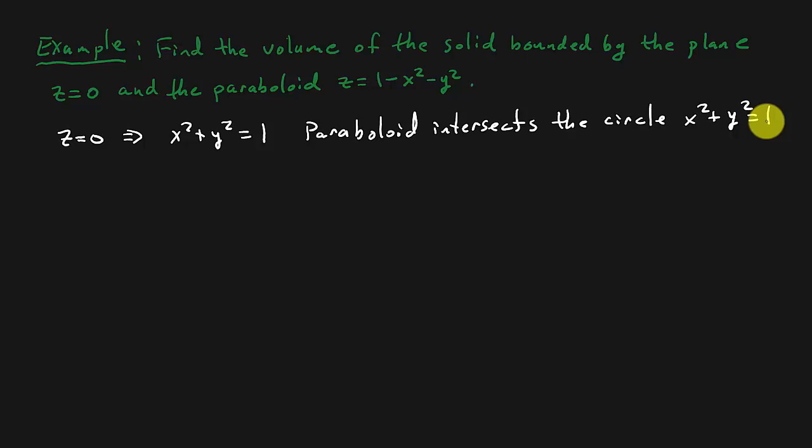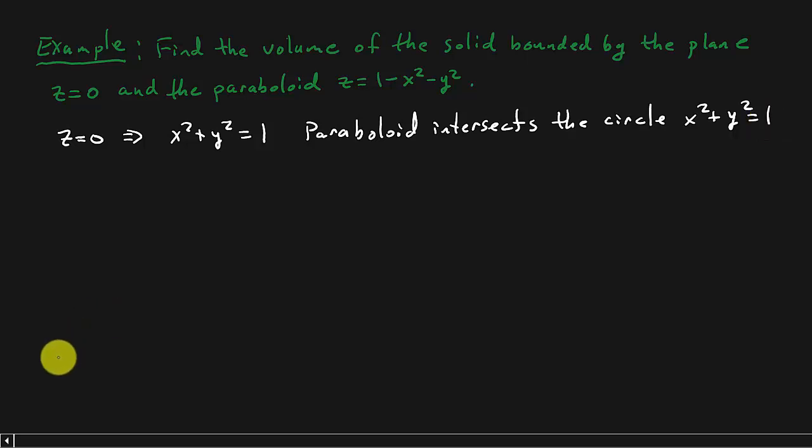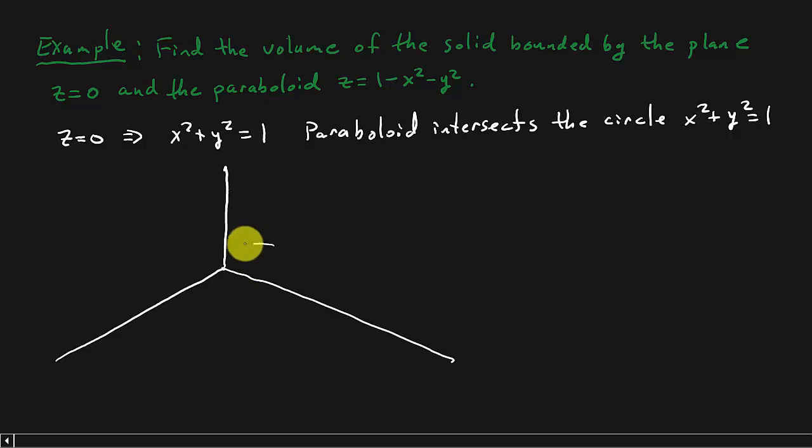That's the circle that's going to intersect. All right, so let's see if we can't draw this. So we've got our circle here. I don't know how good I'm going to be able to draw that. Maybe there's your circle, x squared plus y squared equals 1.